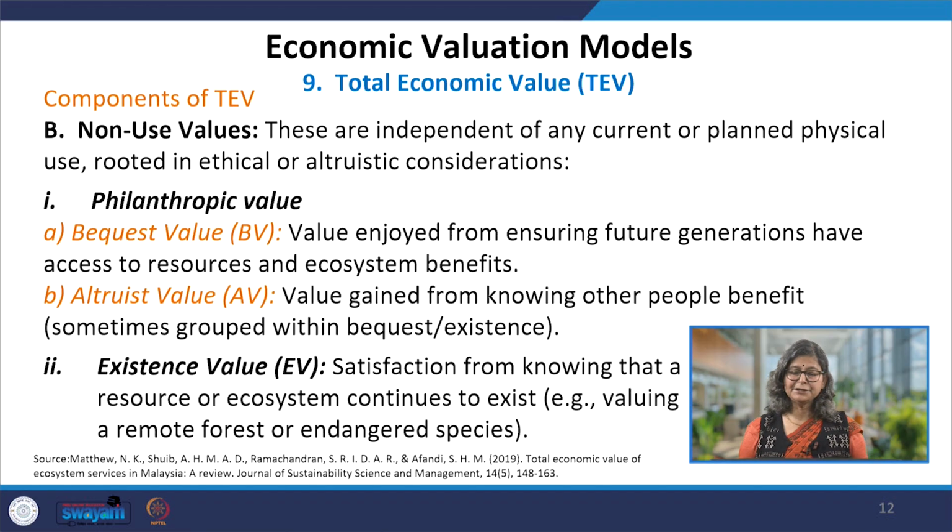These are independent of any current or planned physical use, rooted in ethical and altruistic considerations. The first one under non-use values comes under the label of philanthropic value. Under this, we will be discussing bequest value, the value enjoyed from ensuring future generations have access to resources and ecosystem benefits.